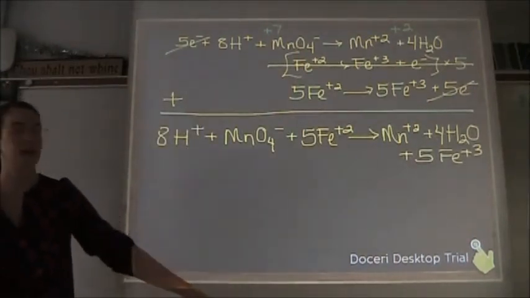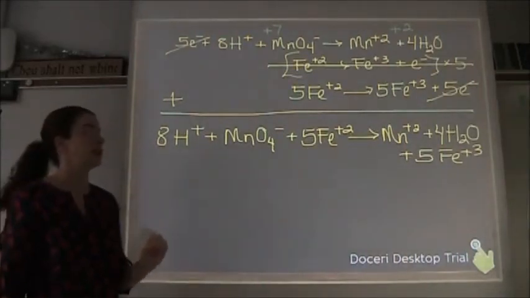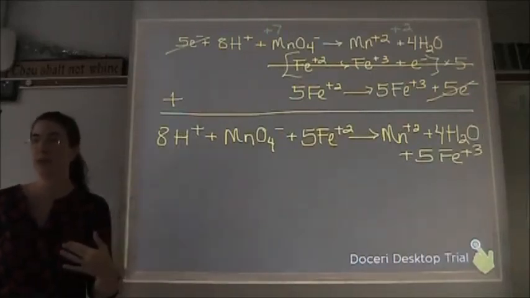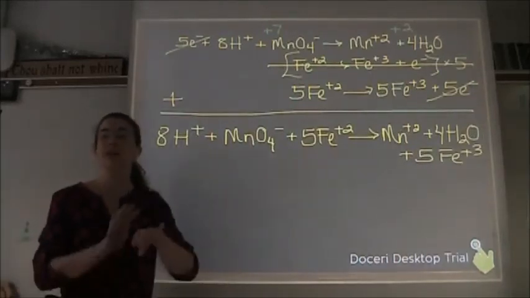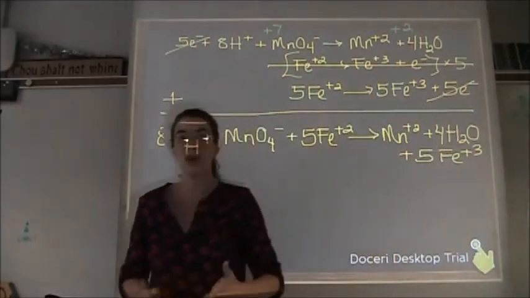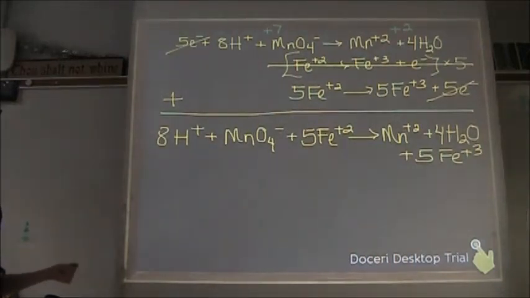Yes. Okay? That is why I cannot stress enough how important it is for you to be as neat as possible and show me as much as possible. If I can see that you have a completely different answer than I do, but only because that should have been a 4 instead of a 3, you're not going to lose as many points. Okay?